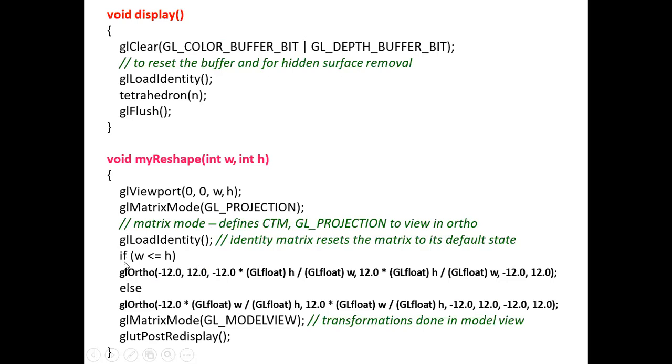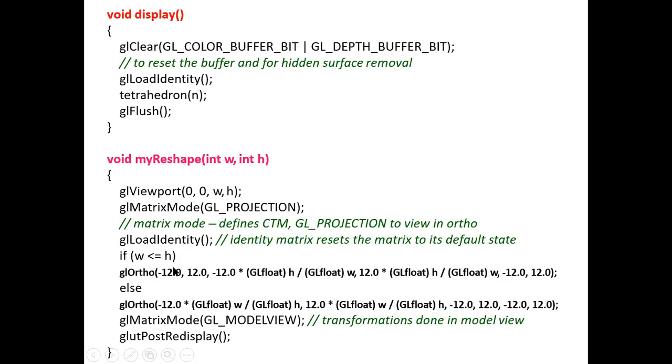Now for the reshape function, we consider our width to height. If W is less than or equal to H, that means the height is more, so I get a rectangle in the vertical shape.